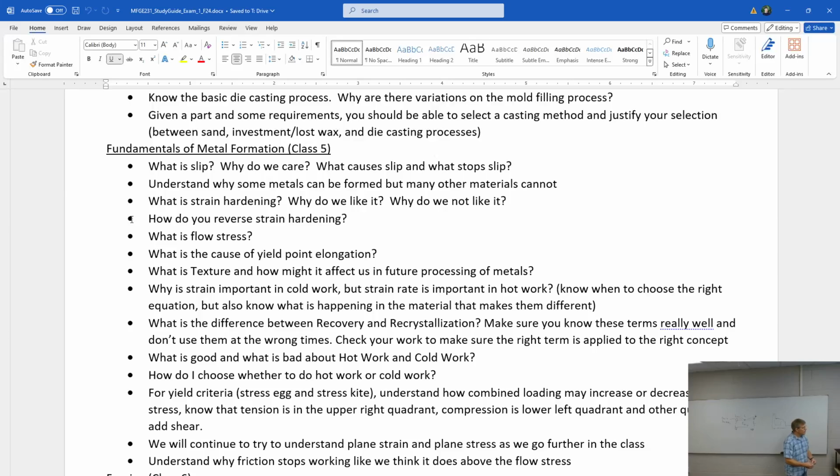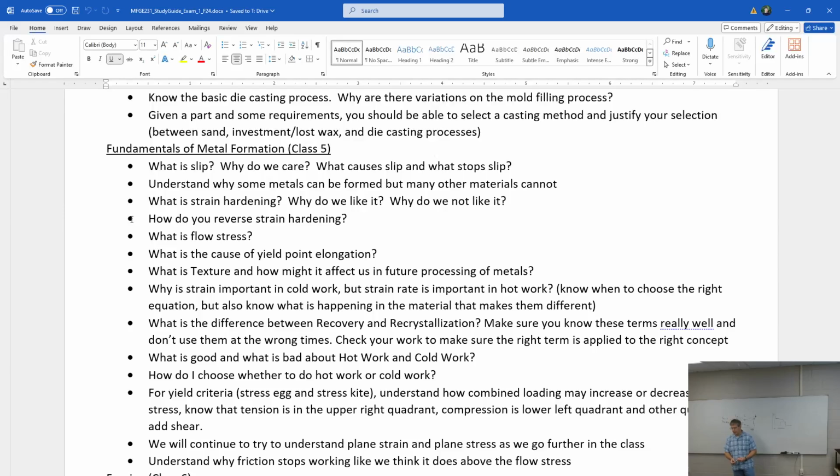All right, good. Slip, strain hardening. How do you undo strain hardening? You heat it back up, either to recover or to recrystallize. Make sure you know the difference between recovery and recrystallization, and you use those words correctly.